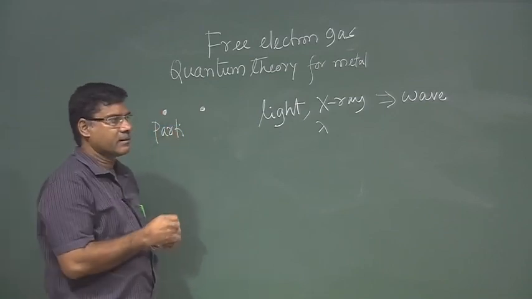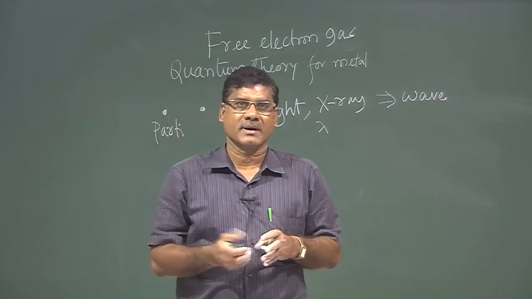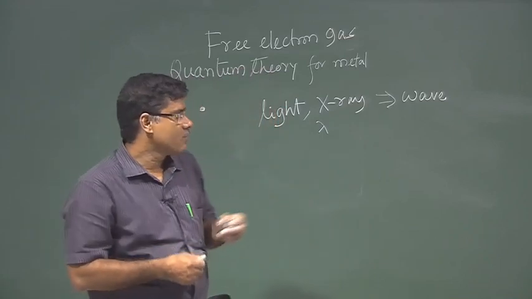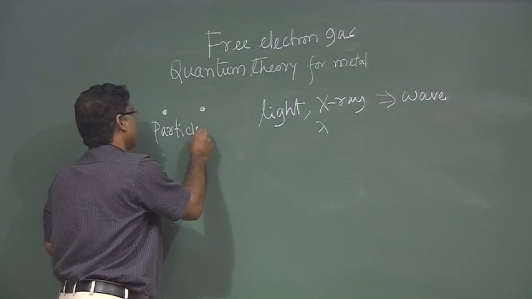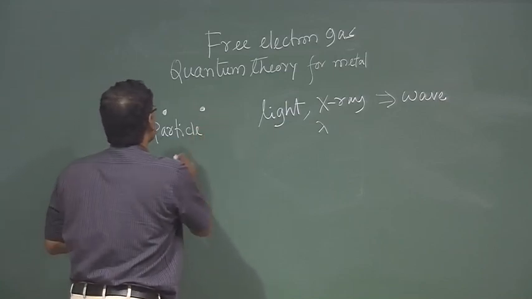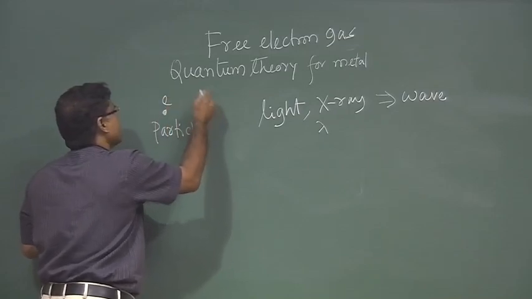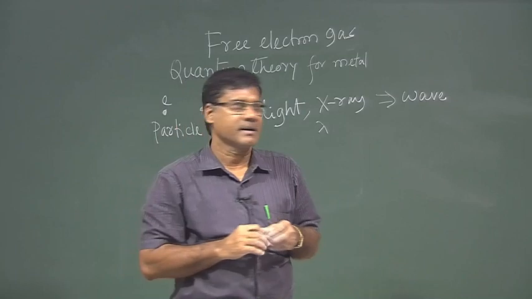Electron is a particle, neutron is a particle, proton is a particle, atom is a particle, right. So it can be electron, neutron, or proton. It is a particle.